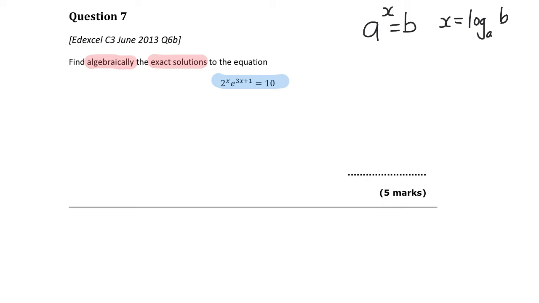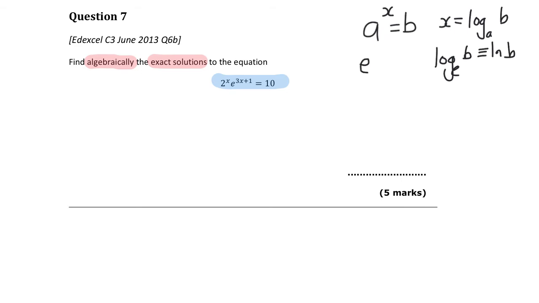And if we have a special number, remember e is a really special number, so instead of writing log e, we write that as ln. So let's say log e of b, we write that as ln b.